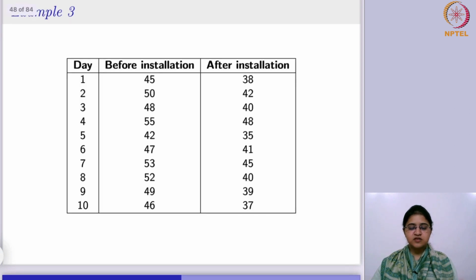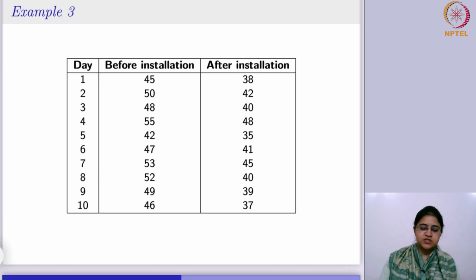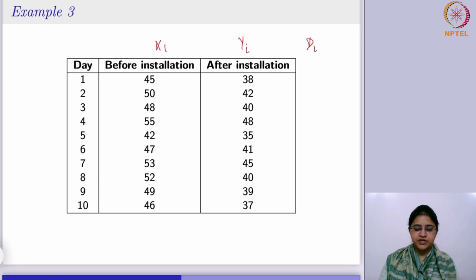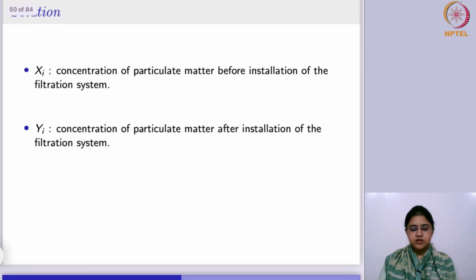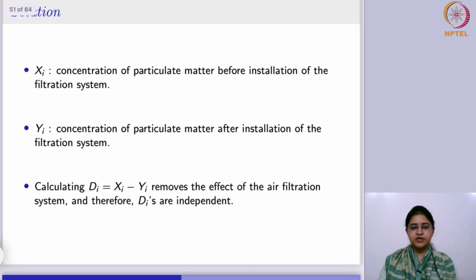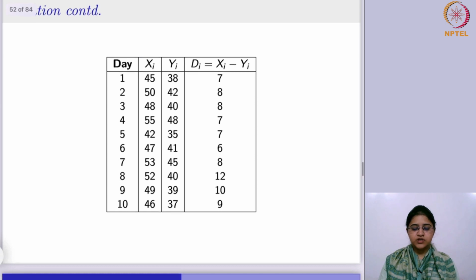So the data that is given to you for 10 days is this. This is basically your xi's and this is your yi, right? I can easily calculate di now. So you can calculate this value, and based upon this, you will have d bar and sd also.